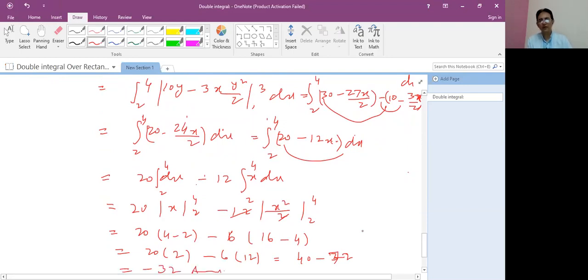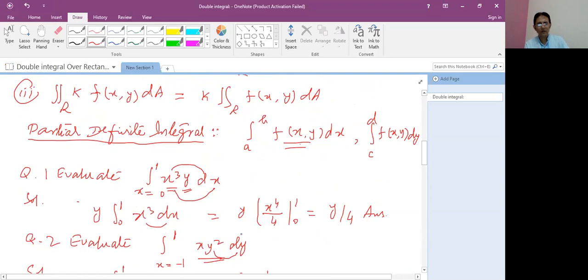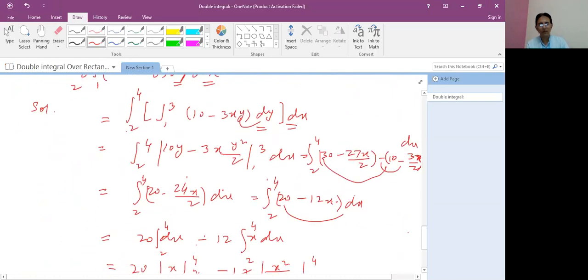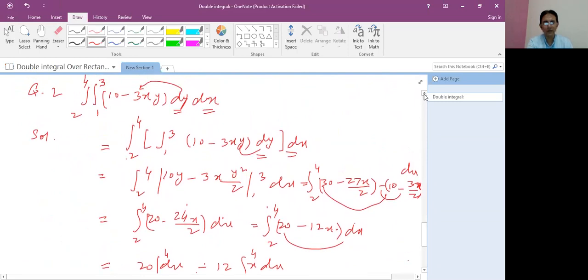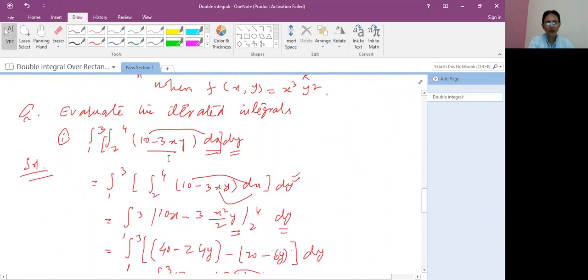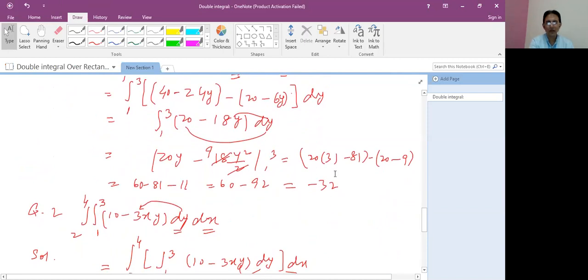So student, if you integrate the partial definite integral, the iterated integral, with respect to x in the first case, when the function and the limits are similar, it means if you integrate with respect to x then y, the answer is minus 32.